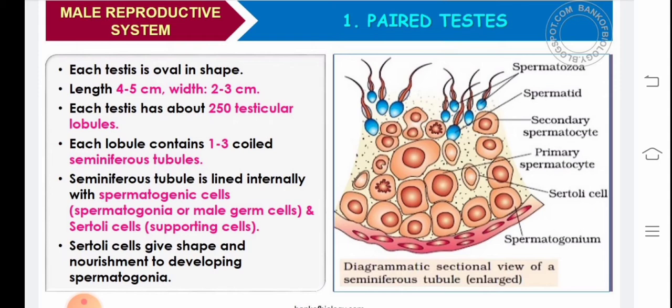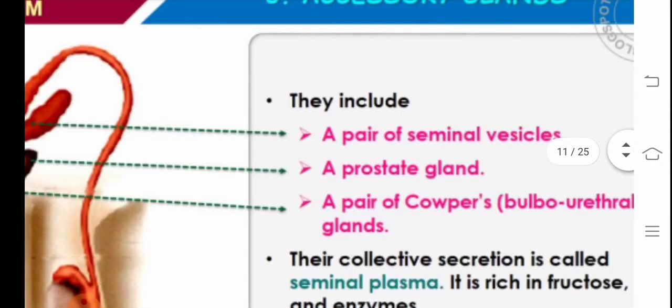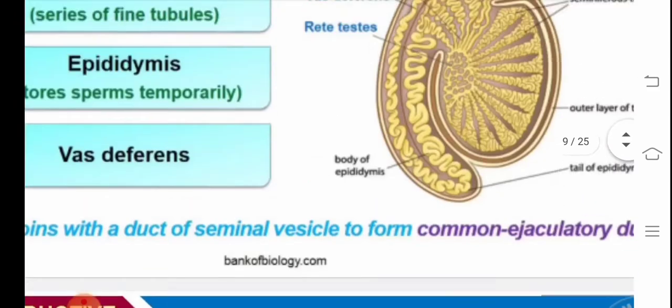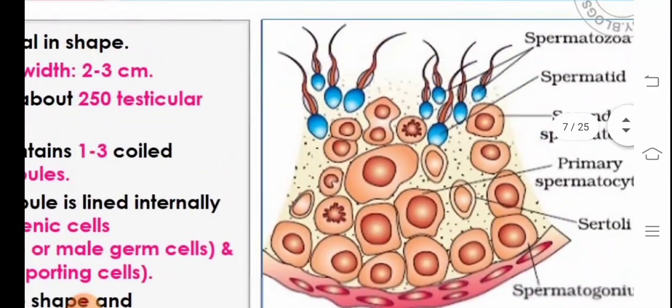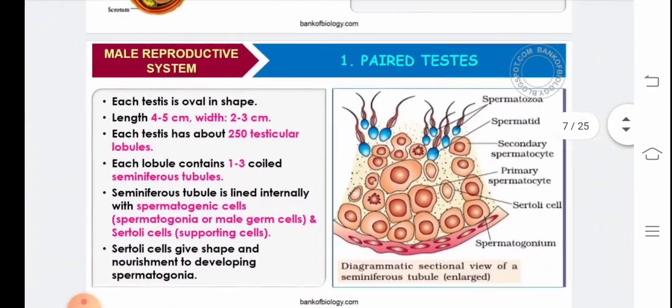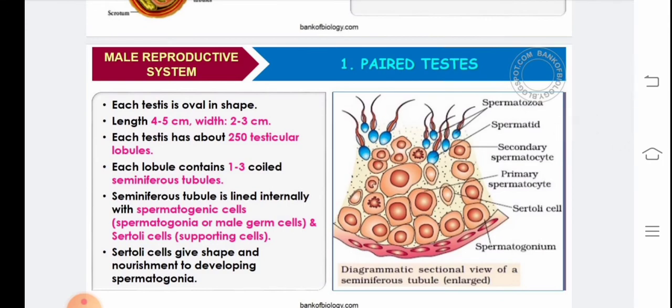So we'll see the diagrammatic view of seminiferous tubule here. Okay. So the lining of seminiferous tubule is made up of two types of cells. One is male germ cell and another cell is Sertoli cells. Can you see in this picture? So male germ cell is also referred as spermatogonium.